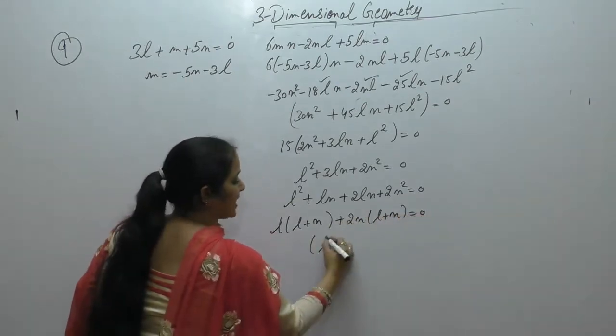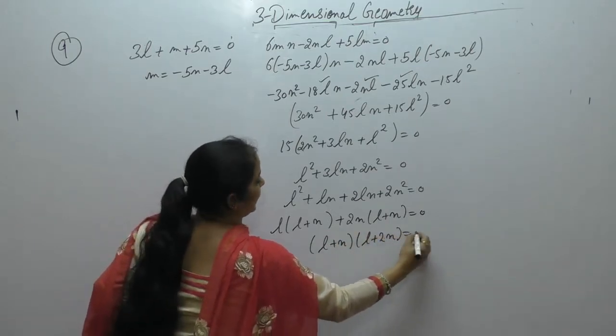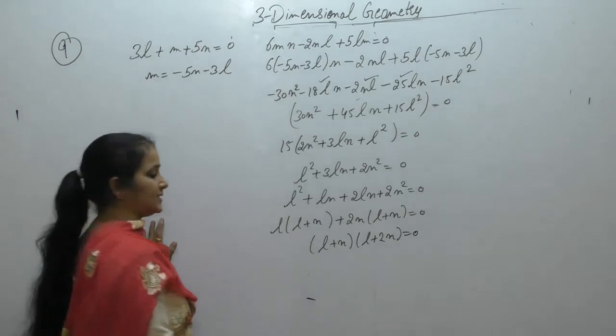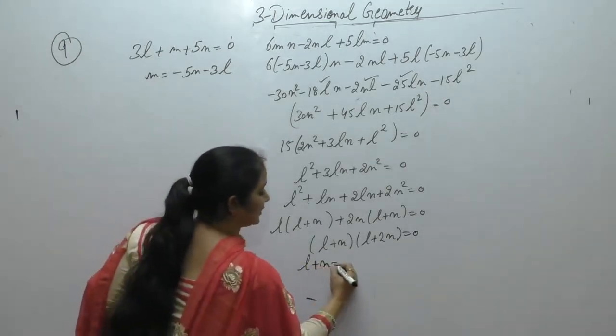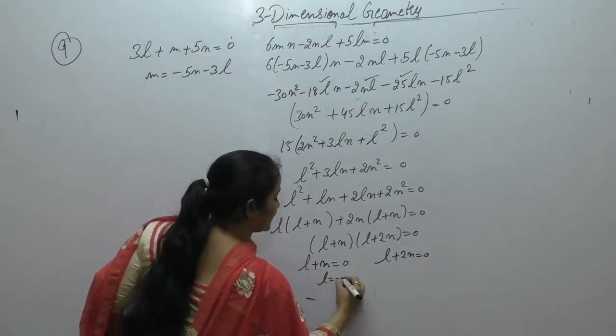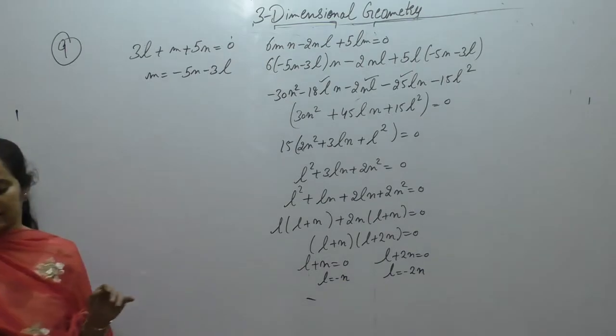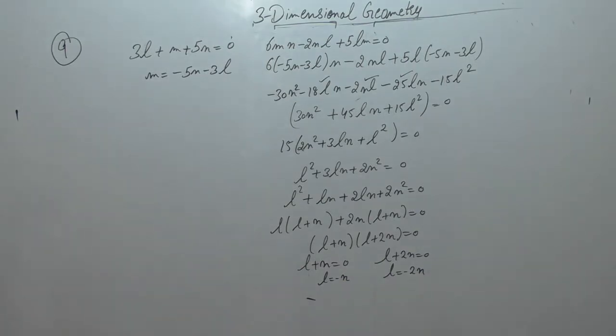So the factors are (l + n)(l + 2n). Product of two terms is 0, so either one is 0 or the other. So we get the value of l = -n, or l = -2n.